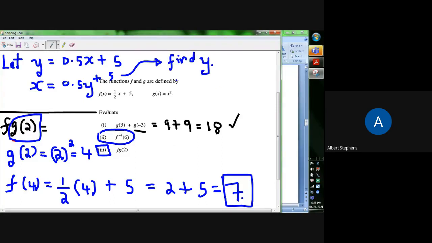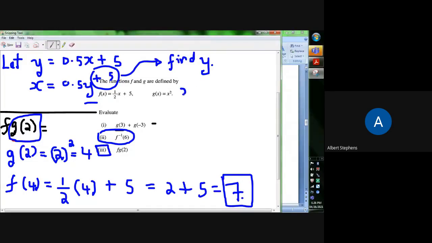To find y, I don't need plus 5 because I need y, so let's get rid of it. We subtract 5 on the right and also 5 on the left.